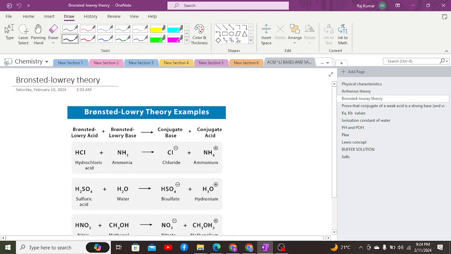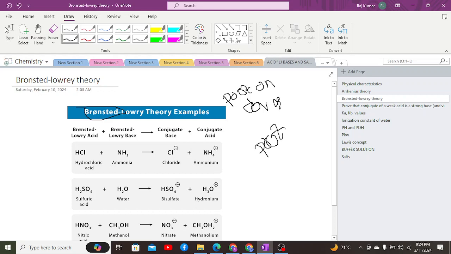When it comes to Bronsted-Lowry theory, it was presented by two scientists known as Bronsted and Lowry. This theory uses two terminologies: proton donor and protophilic.